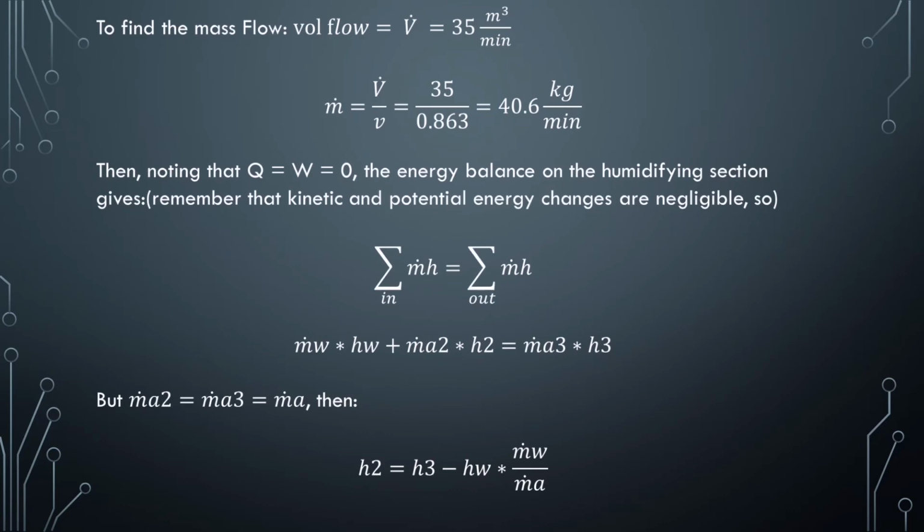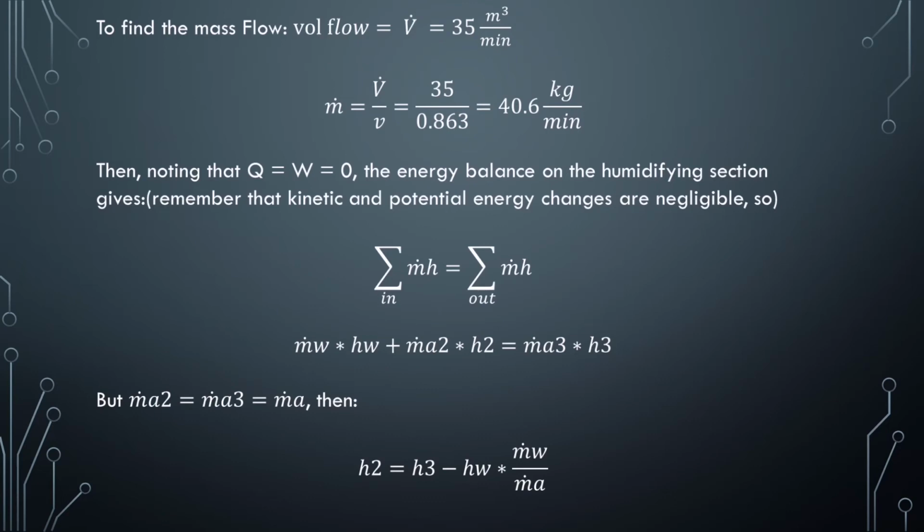To find the mass flow, remember the volume flow is given by the problem, and it's 35 cubic meters per minute. Remember this equation. After replacing, we get the mass flow is 40.6 kilogram per minute.